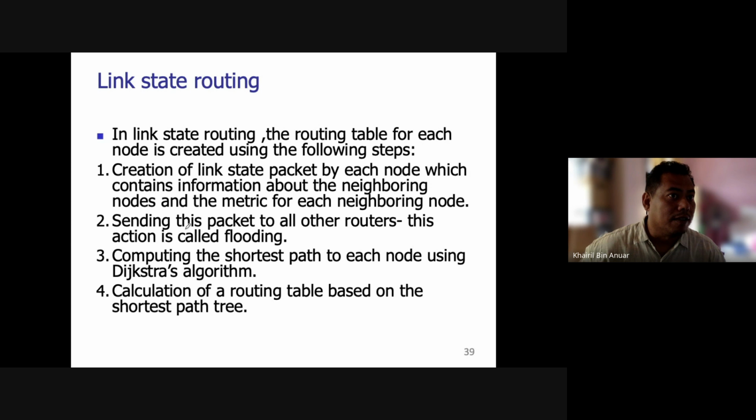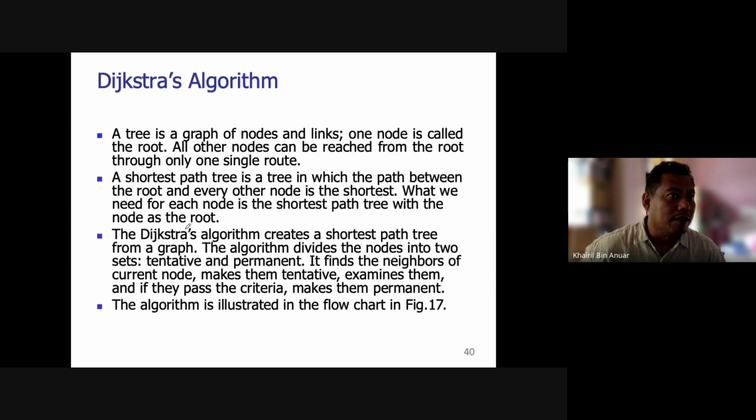Then it computes the shortest path to each node using the Dijkstra algorithm and calculates the routing table based on the shortest path tree. From all the information it has, it compares and comes to the end where it needs to identify the shortest path of the routing.